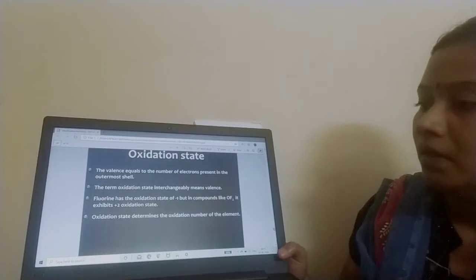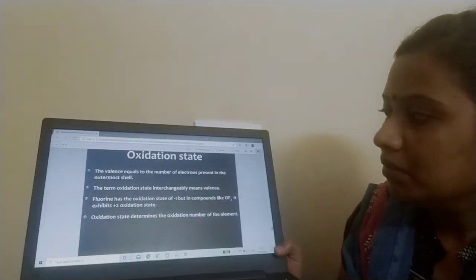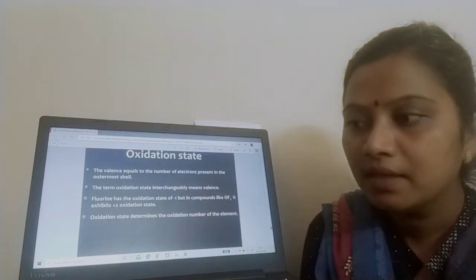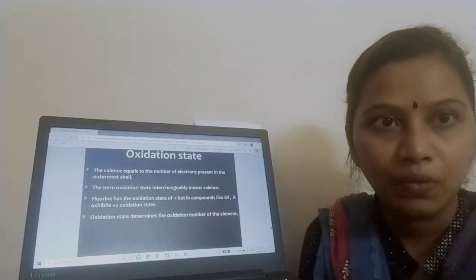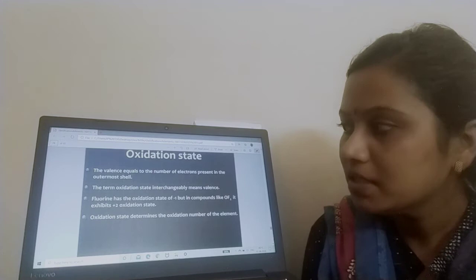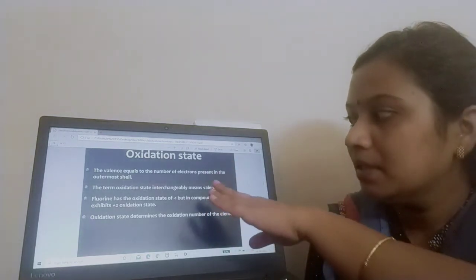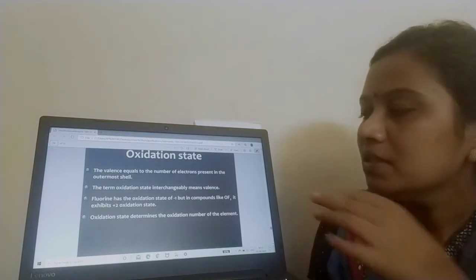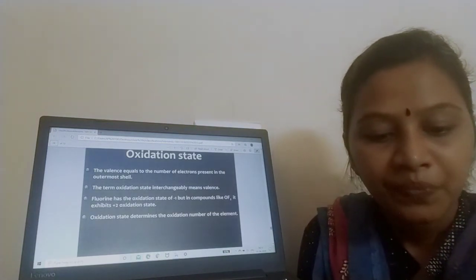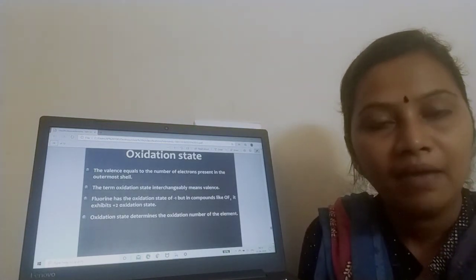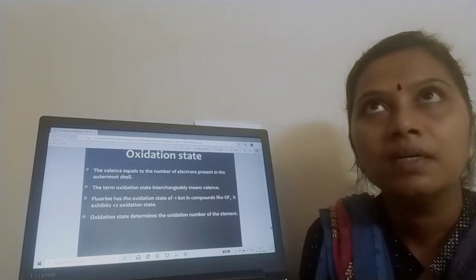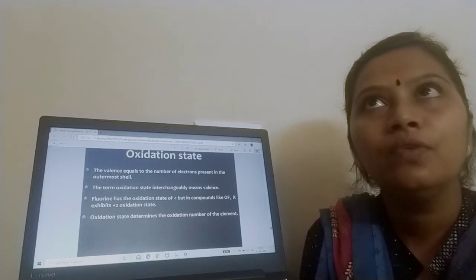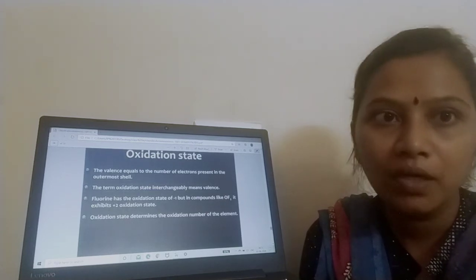Now see, the term oxidation state is otherwise referred to as valency. The term oxidation state can be otherwise dealt with in the term valency. Oxidation state means, for example, I have a coordination compound, say carbon bonded to F3 or fluorine F6 bonded to sulfur.